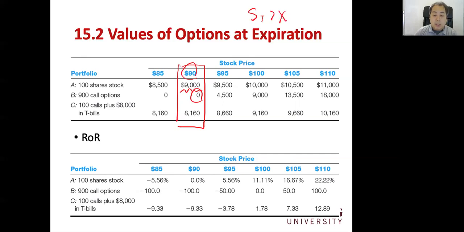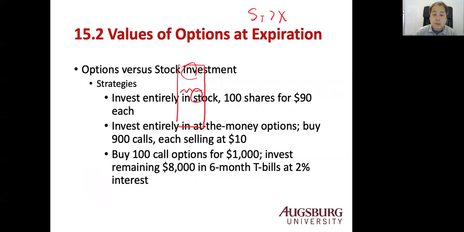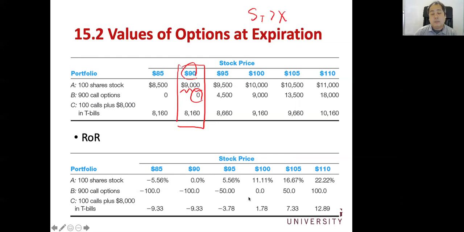By the way, the option exercise price here is $90 too, right? So the calls have zero value. And then 100 calls plus the $8,000 T-bill: the 100 calls are valueless, right? But the $8,000 T-bill always increases by 2%, so $8,160. Okay, so that's the strategy.